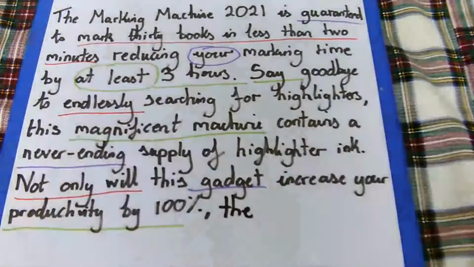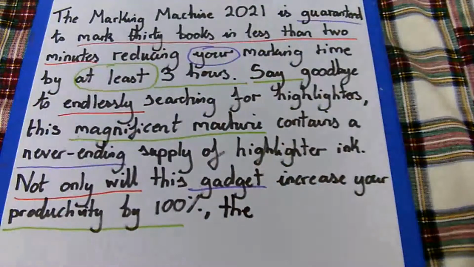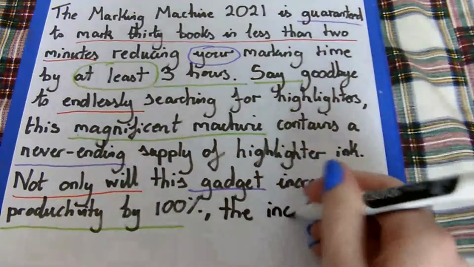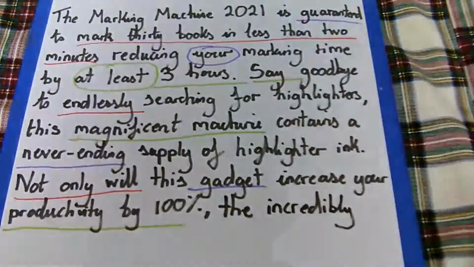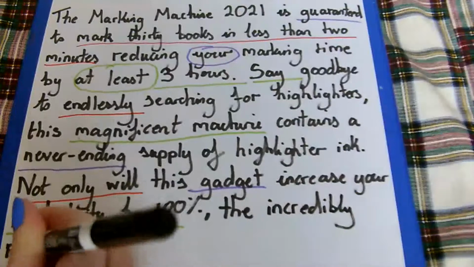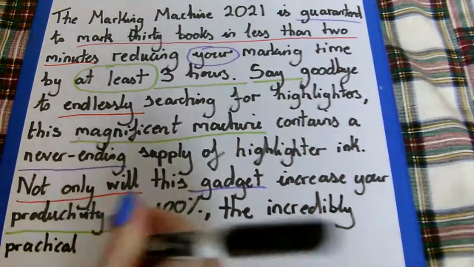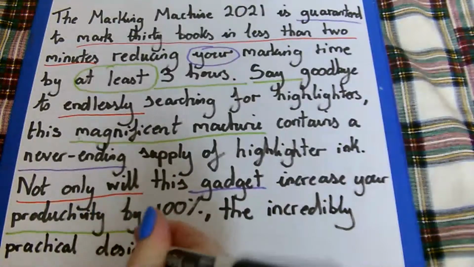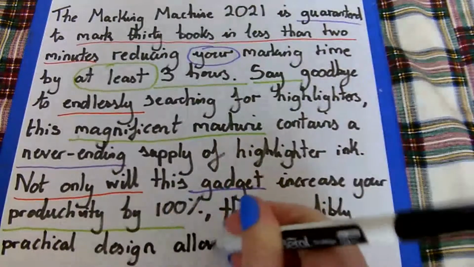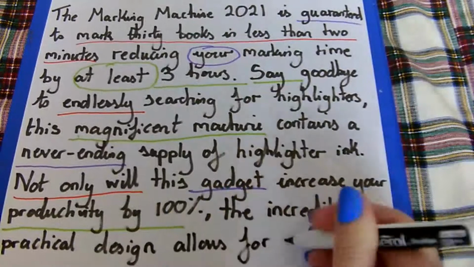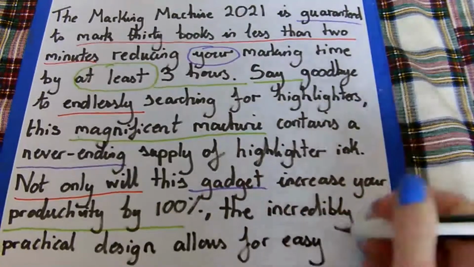Now I want to say here about the practical design, which I mentioned earlier, but again, let's think of an adverb. What could I use to describe the practical design to make it sound even better? The incredibly, let's use that adverb, the incredibly practical design allows for easy transportation.